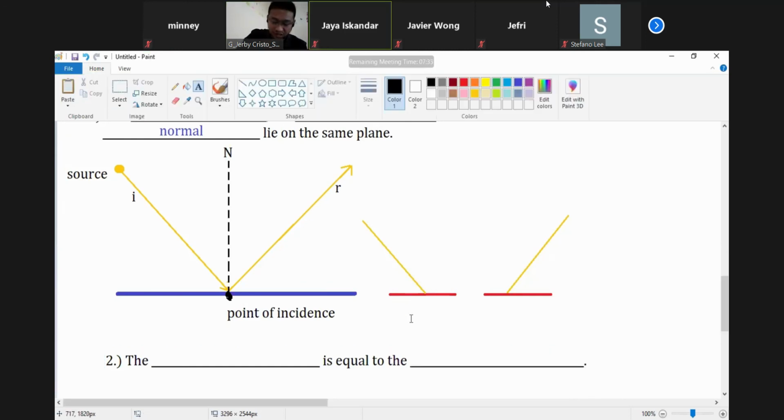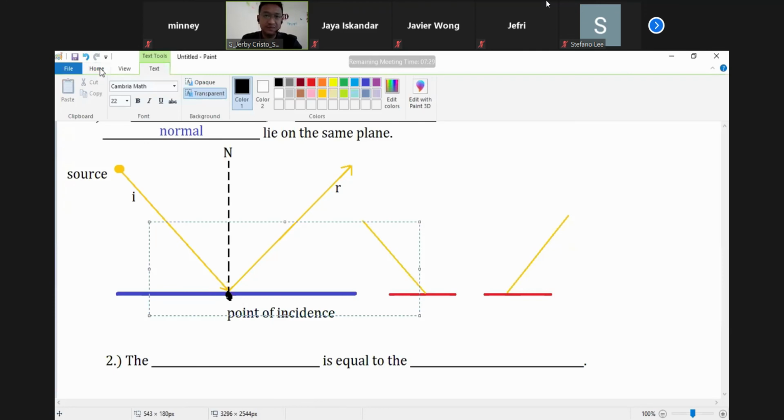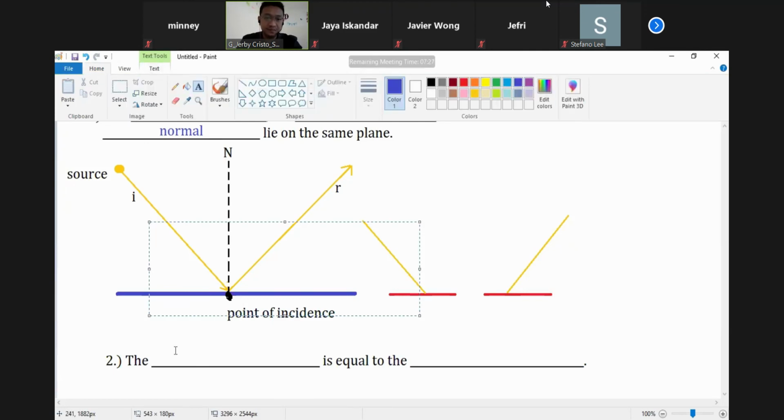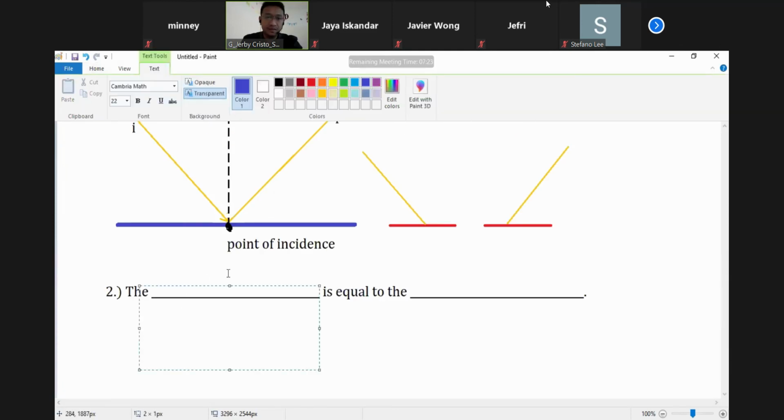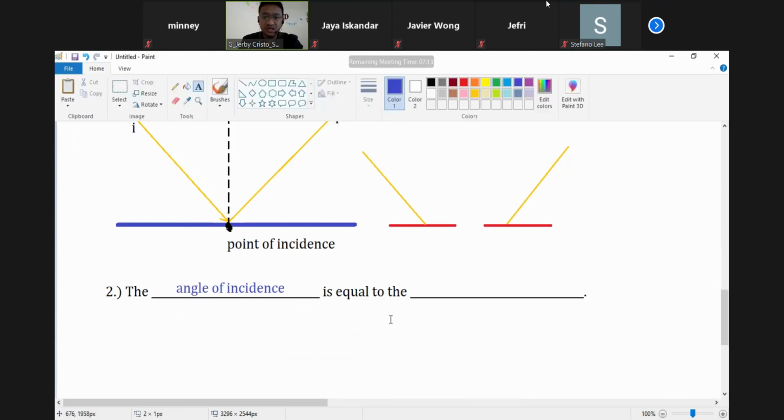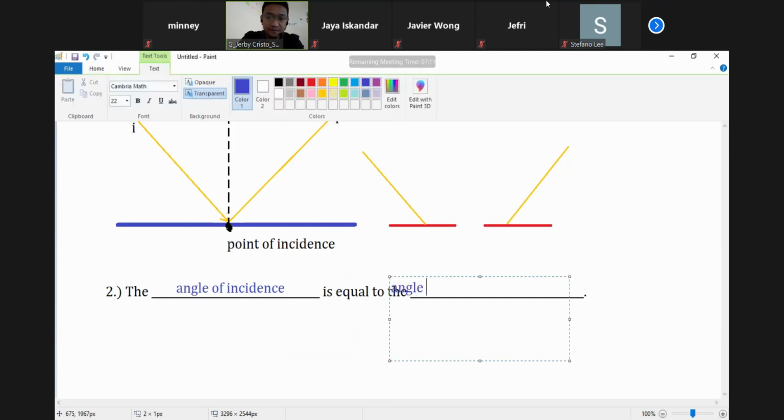So we have the angle of incidence. Let's label here. The angle of incidence is equal to the angle of reflection.